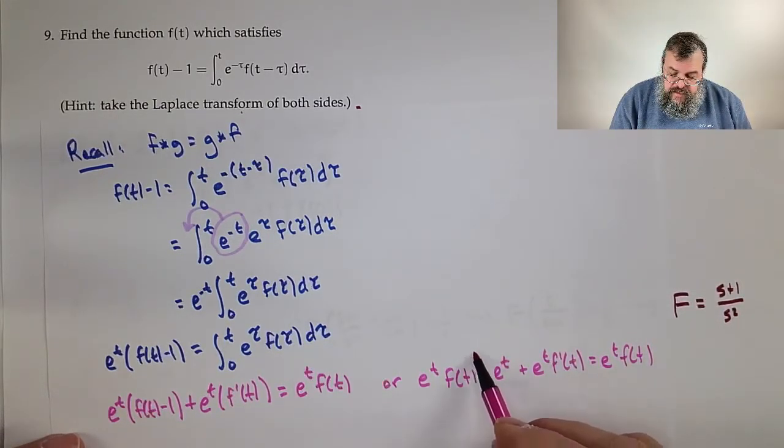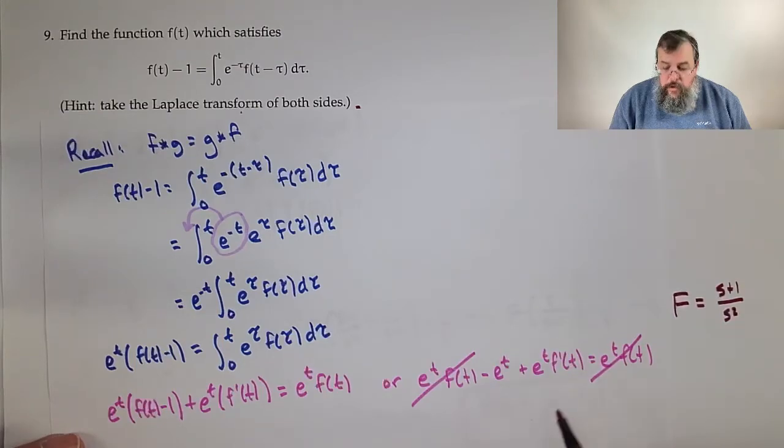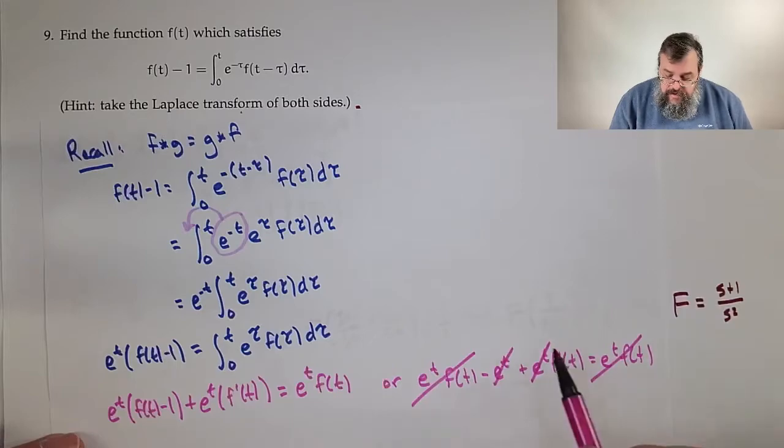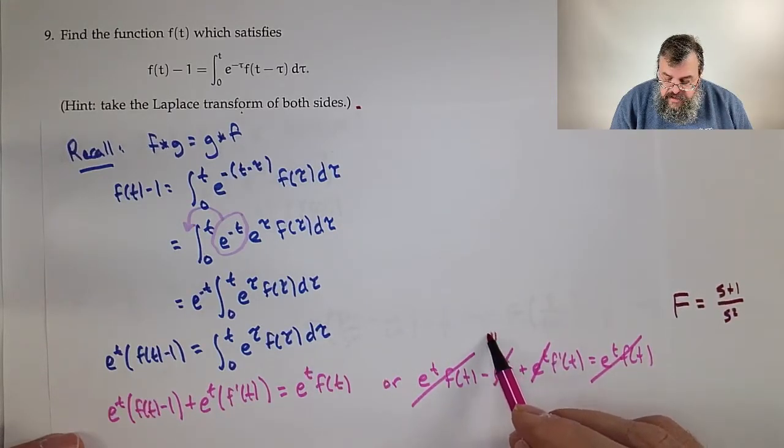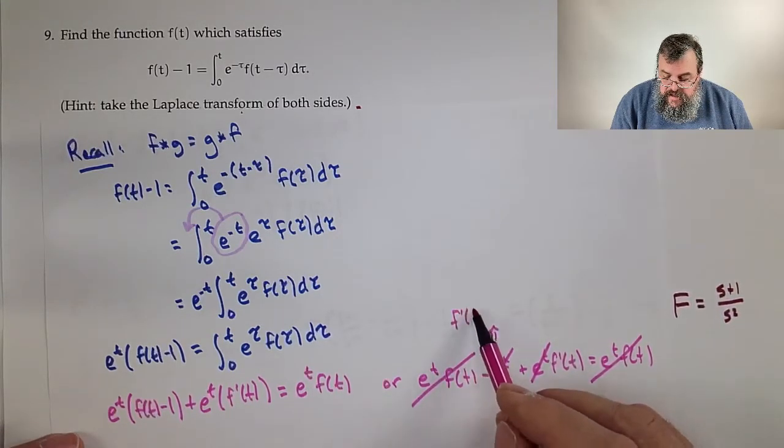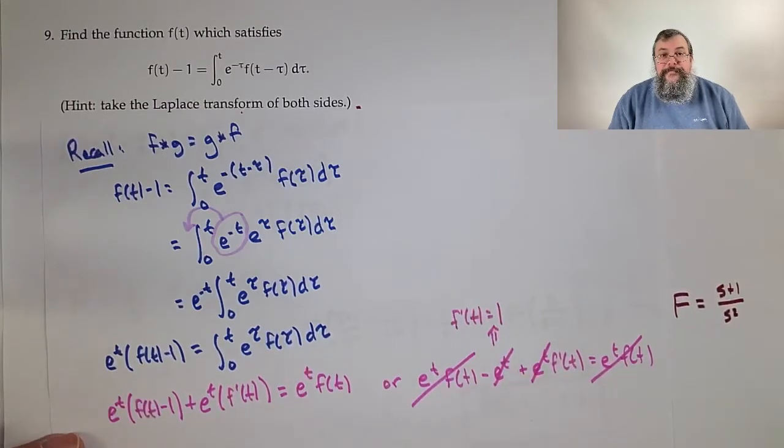And some nice things happen. The e to the t f of t is canceled. We can divide out by e to the t because e to the t is never 0. And we come to the conclusion that f prime of t has to equal 1.